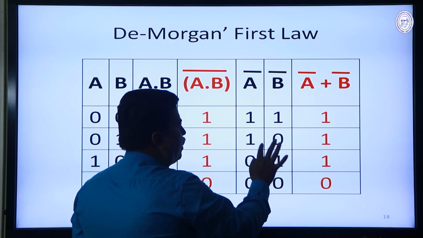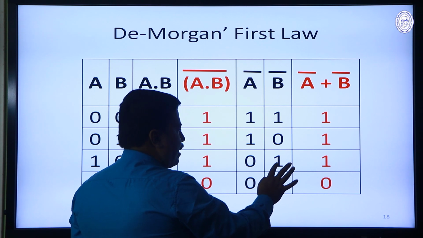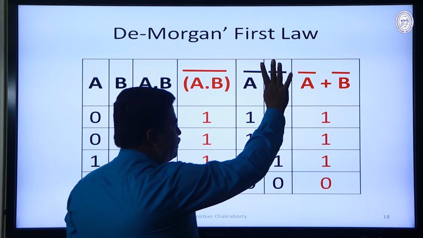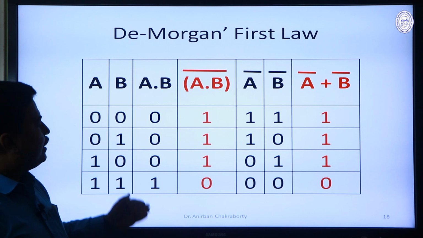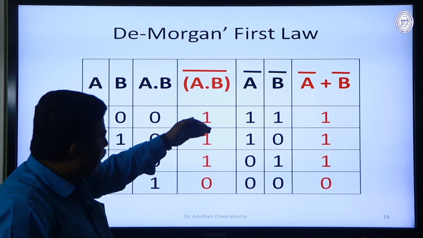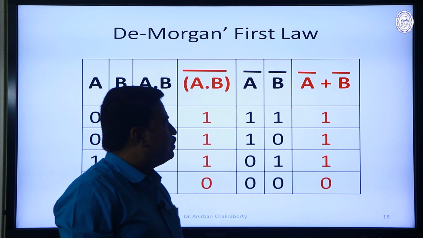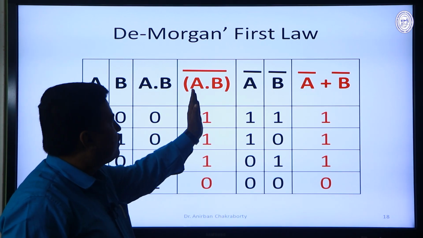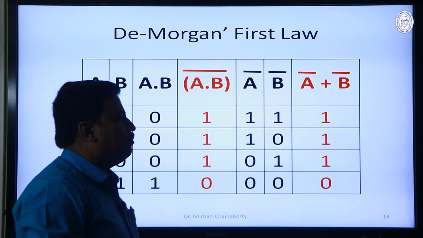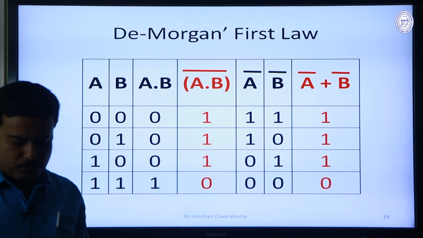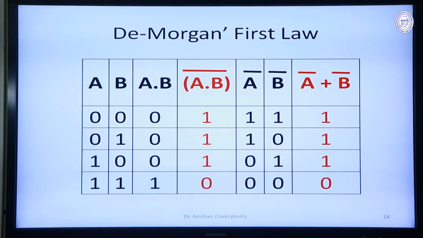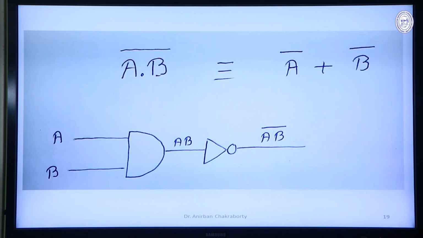If at least one is at level 1, then the output is 1. So it is seen that the red color columns are carrying the same values. So this is the left hand side of De Morgan's law, and this is the right hand side, and using the method of truth table, we have proved that De Morgan's law holds.